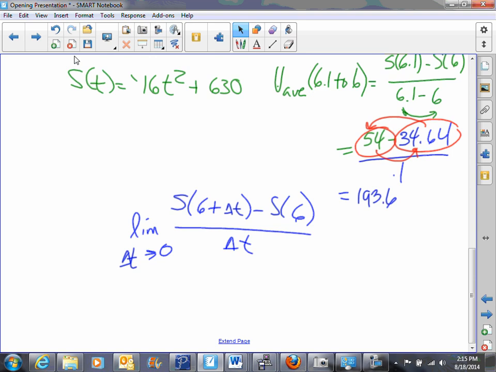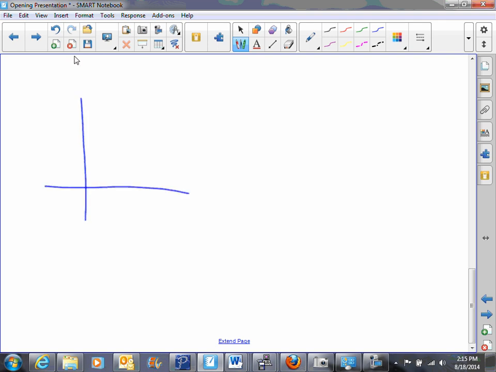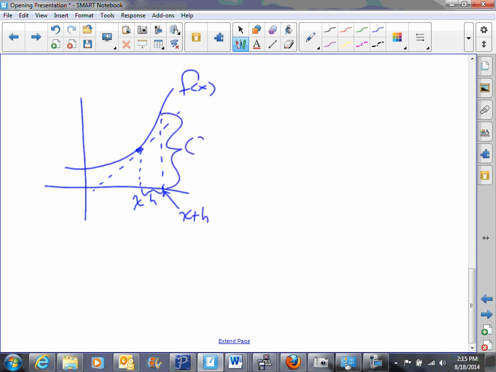Now, let's just recoup here a little bit. And the idea is this. If you have a function f of x, and you want to know the slope of the tangent at some point x, what we do is we postulate some additional value h being added to x so that we get another point x plus h. This y value is f of x plus h.